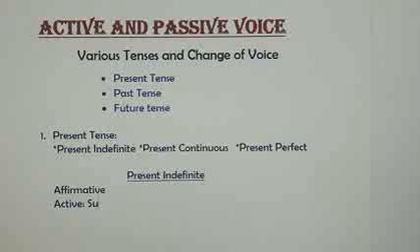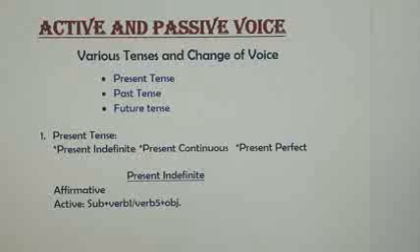There will be a subject, then we will use the first form of verb, and we can also use the fifth form of verb in the active voice of present indefinite tense, and then the given object. My dear students, when we use verb 1 and when we use the fifth form of verb depends completely on the subject. Okay? Now, let's see some examples.